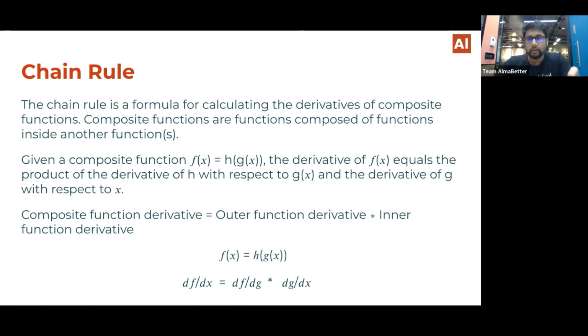If you consider sin x as a separate function, here your sin 3x is nothing but a function of a function.